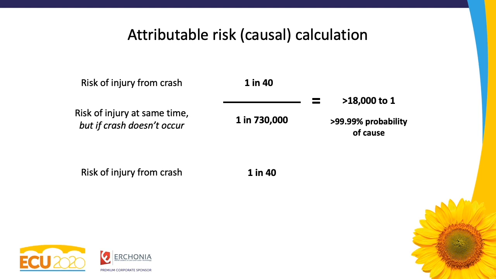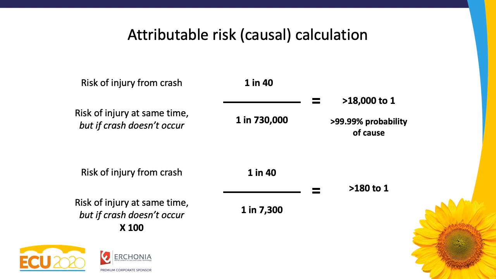Let's say that he was no more likely than everybody else, 1 in 40, to get a disc injury in his neck. And he's 100 times more likely to get a disc injury if the crash doesn't happen. Well, you can see what the math is going to do. Now we just go to 1 in 7,300.